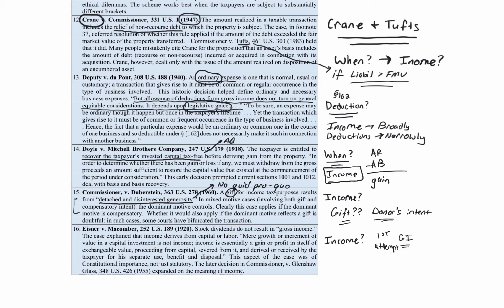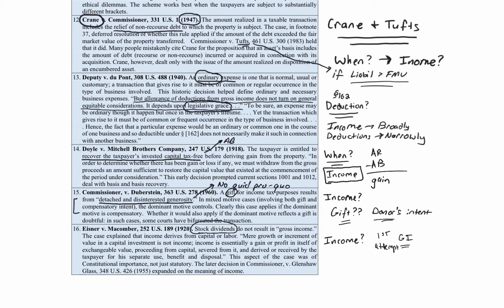Very broad, and it gives you some examples of what is gross income, but they're not the only ones. The income has been defined that way since 1913, very broadly. So the Eisner versus Macomber case basically was a stock dividend issue. That's what was at issue. Stock dividends do not result in gross income.